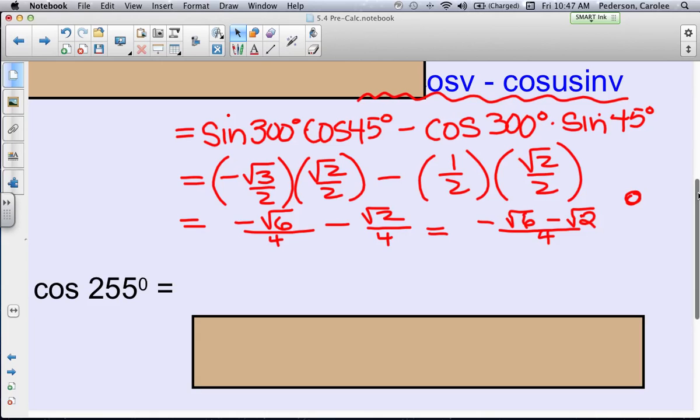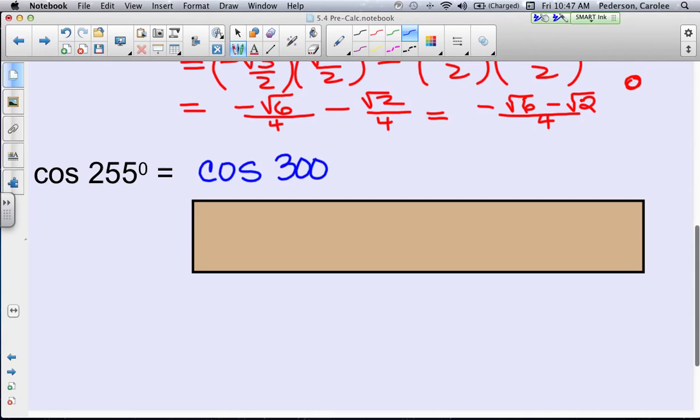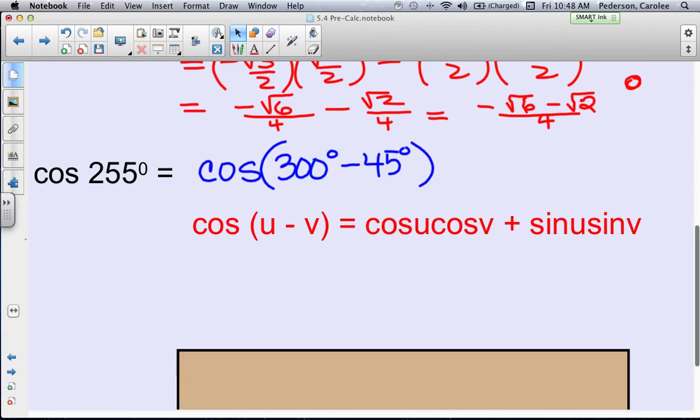Now it's going to ask us, what is the cosine of 255 degrees as an exact value? So we're going to use that same subtraction of the cosine of 300 degrees minus 45 degrees, which is 255 degrees. Well, we choose the appropriate formula again.